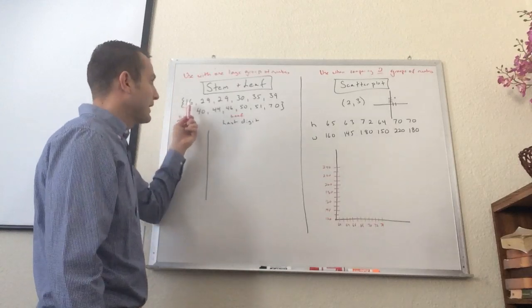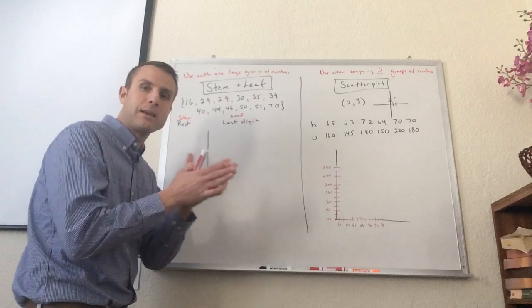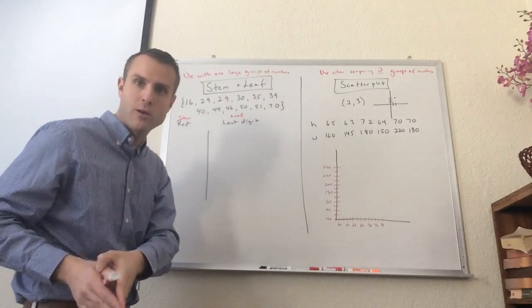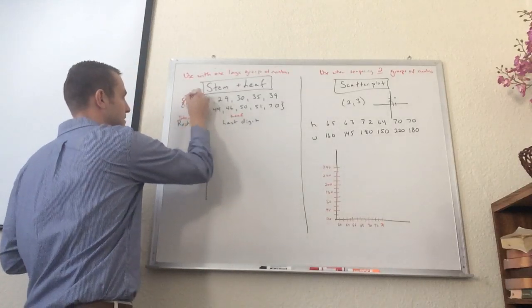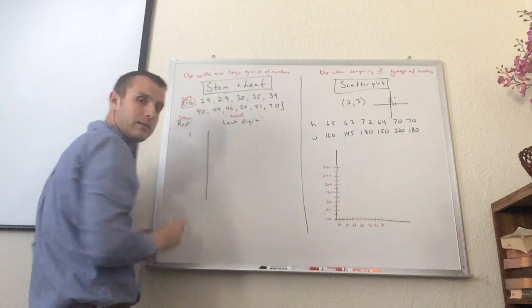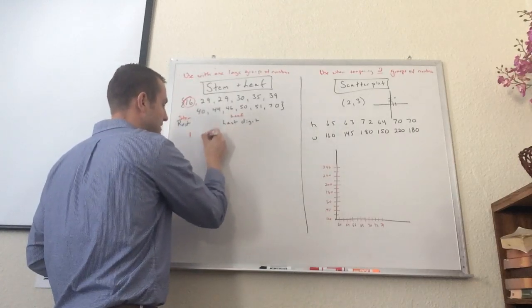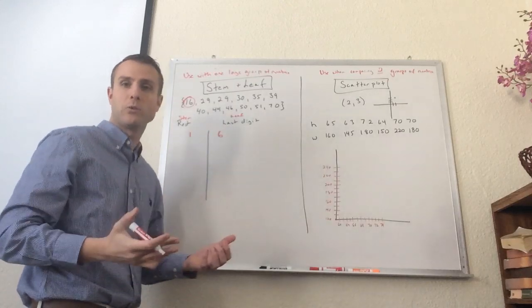I'm going to go through and find out how many of each kind I have. How many are in the tens, how many in the 20s, how many in the 30s, how many in the 40s, and so on. I have one here that is in the tens, 16. So I write 1 for those in the tens, and on the right side of this dark line, 6. That's the only one I have in the tens.